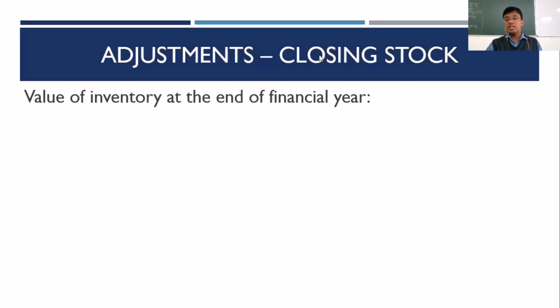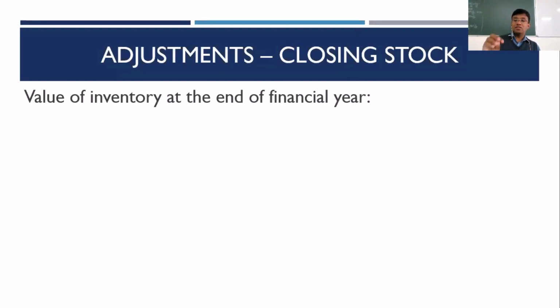The difference between these two will help us understand how much material was consumed by the firm during the course of the financial year. So closing stock is the measure of the inventory at the end of the financial year.